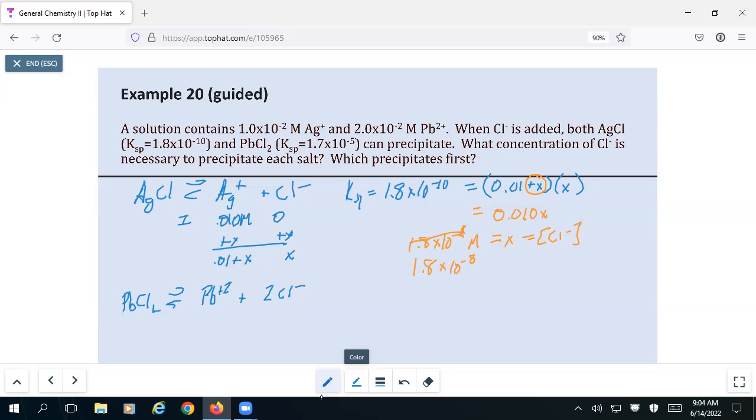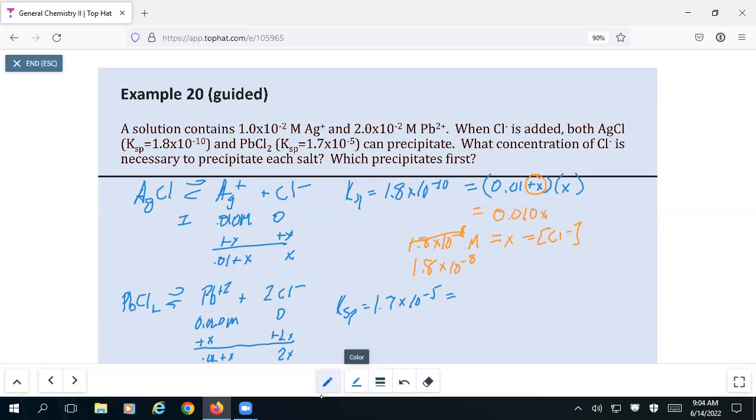So if we start with 0.02 molar lead, our Ksp value is 1.7 times 10 to the negative 5th.